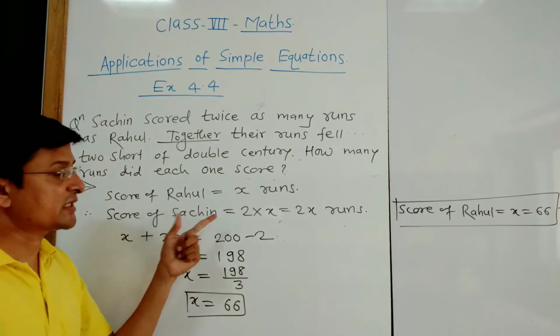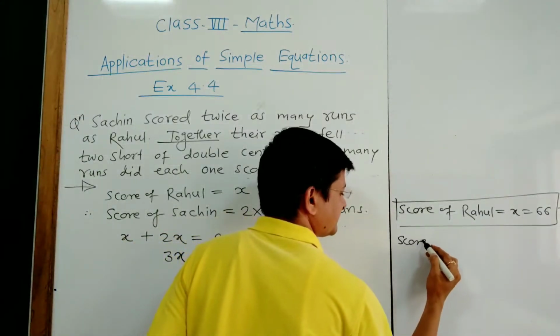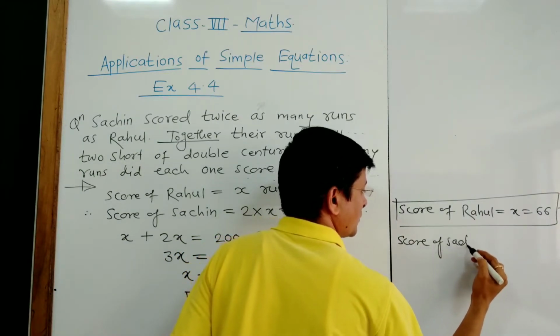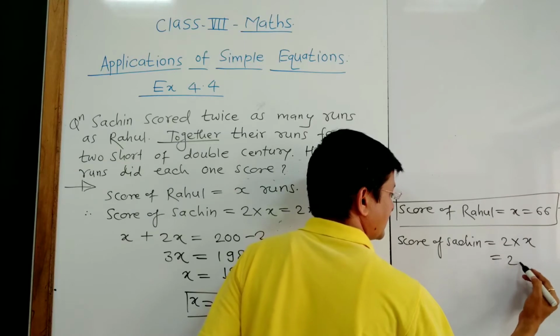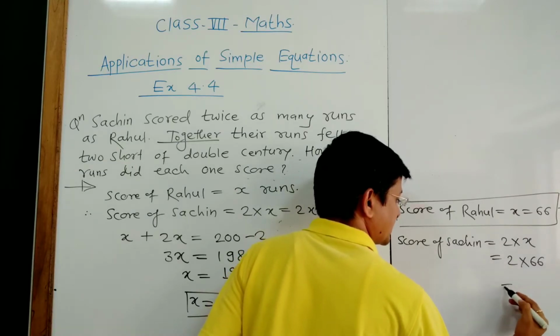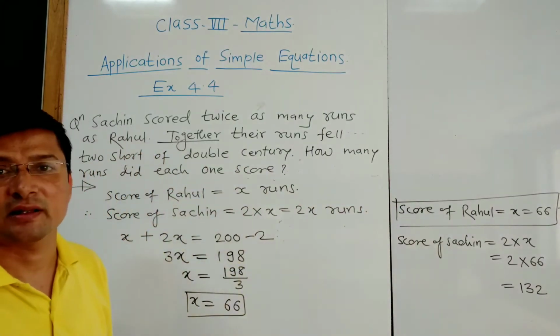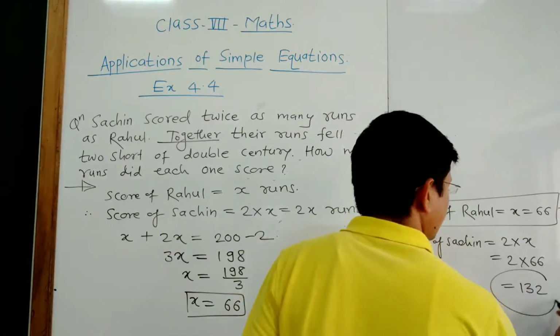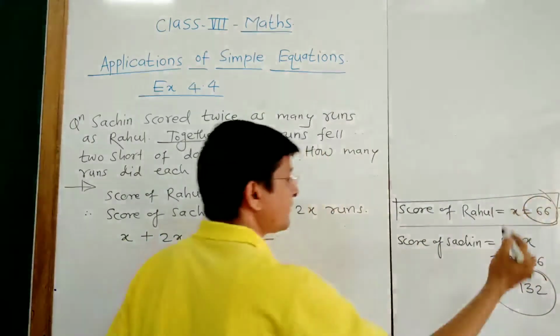Score of Sachin is equal to what? 2x. Now score of Sachin is equal to 2 multiplied by x. That means 2 multiplied by 66, and 2 multiplied by 66 is equal to 132. So here is the score of Sachin and 66 is the score of Rahul.